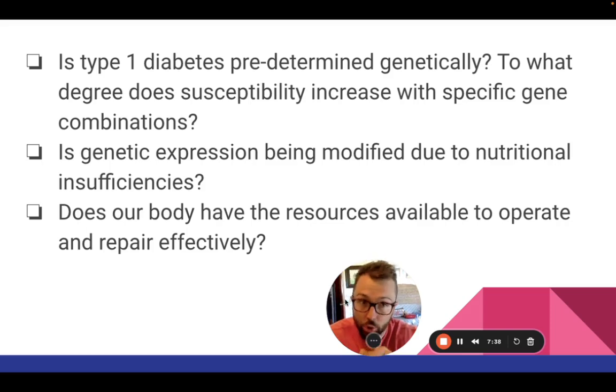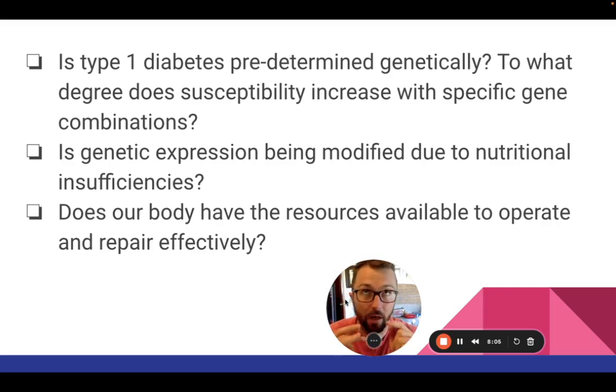And if that is true, to what degree does your susceptibility increase with specific gene combinations? Because we know that there are a lot of genes that go into developing diabetes, and we also know that just because you have those genes doesn't guarantee that you develop diabetes. So there's a gap there.